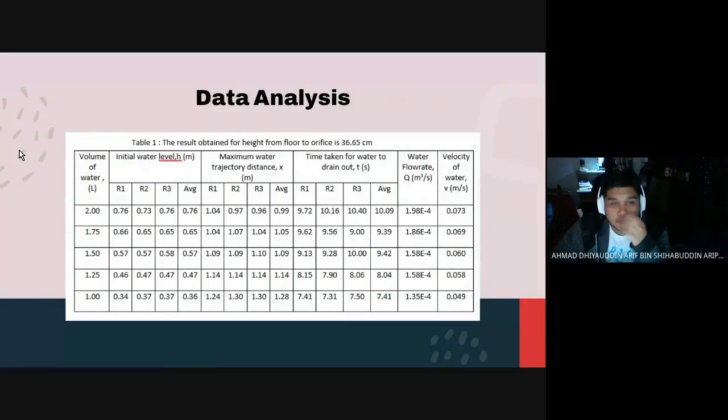I will carry on with the data analysis part. As usual, we have a few things we need to record and a few things we need to calculate.